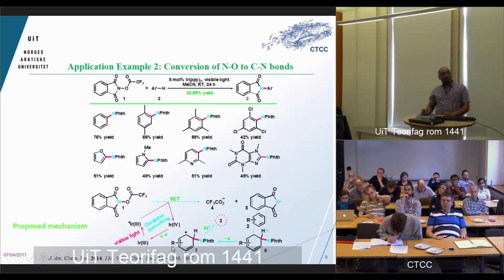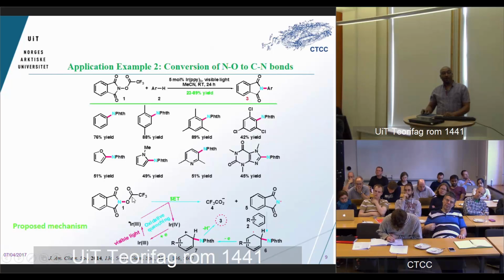They also proposed the reaction mechanism for this iridium case, a bit different from that of the ruthenium-catalyzed reaction. So we have iridium-3 absorbing light and exciting to the iridium-3 excited state, and this activated iridium-3 can transfer an electron to compound 1.